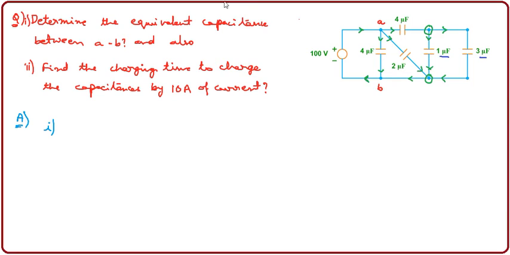As we know, if these two are in parallel, let me write C equivalent 1, which is equal to, according to the parallel combination of capacitances, the sum of these two. One is 1 microfarad and the second one is 3 microfarad.